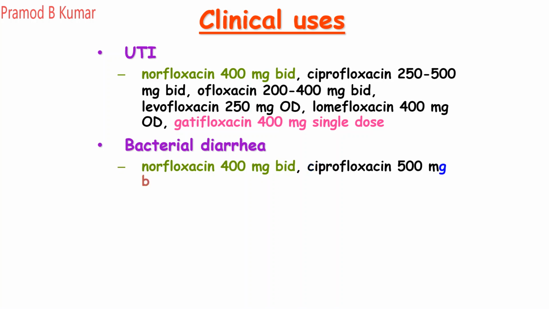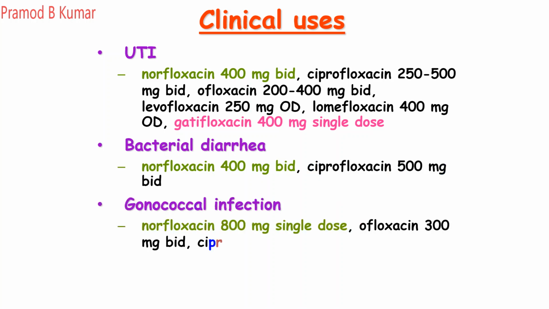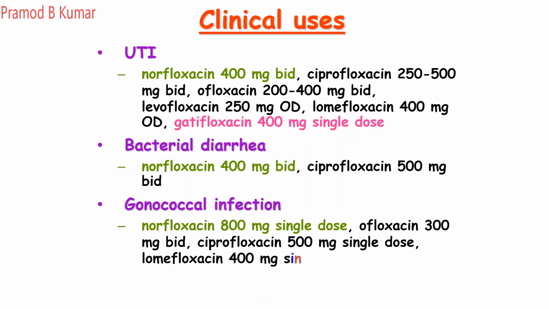In case of bacterial diarrhea, norfloxacin can be given as 400 mg BID, ciprofloxacin 500 mg BID, and in case of gonococcal infection, norfloxacin 800 mg in single dose, ofloxacin 300 mg BID, ciprofloxacin 500 mg single dose, lomefloxacin 400 mg single dose, and gatifloxacin at a single dose of 500 mg.